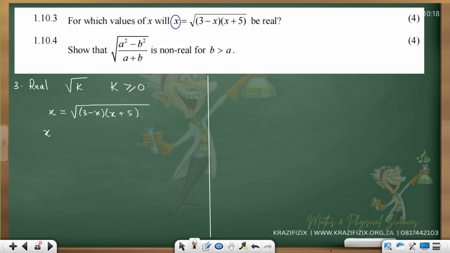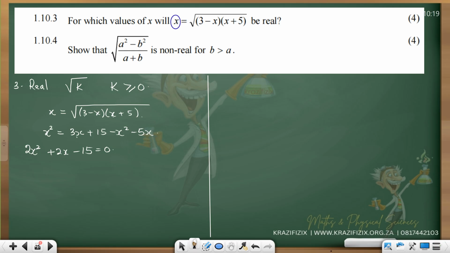If I square both sides, x squared would be equal to 3 times x is 3x plus 15 minus x squared minus 5x. Just want to check something quickly. If I bring everything over, that would be 2x squared. 3x minus 5x would be negative 2x, plus 2x, I'm already bringing everything over, minus 15.